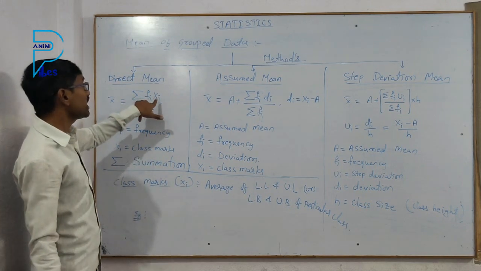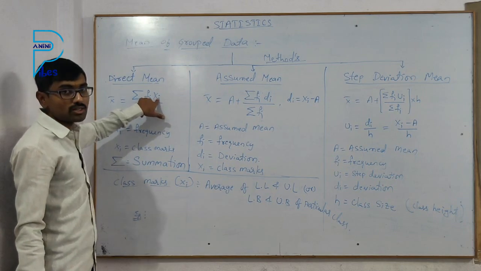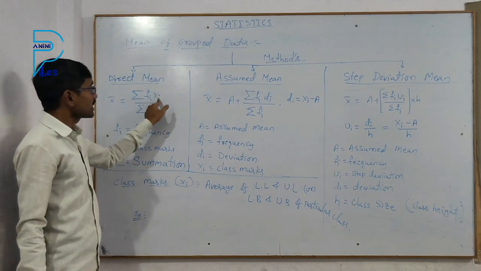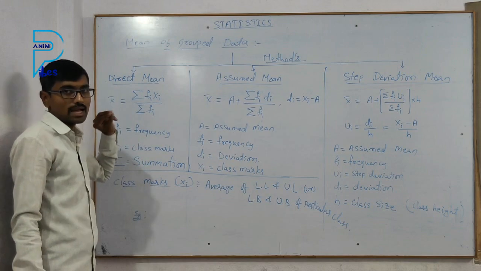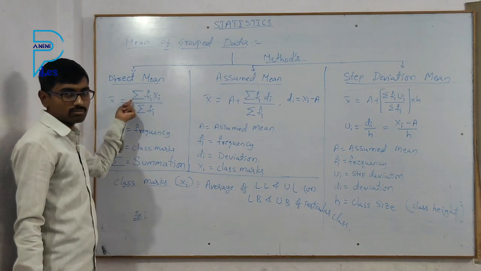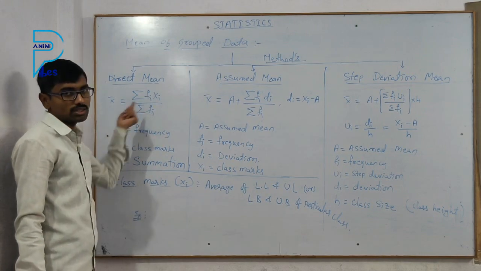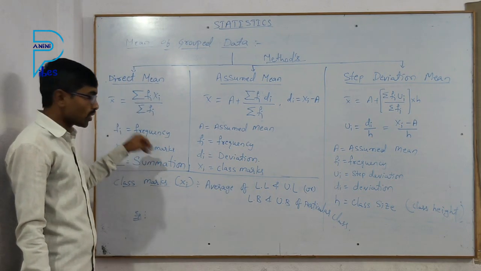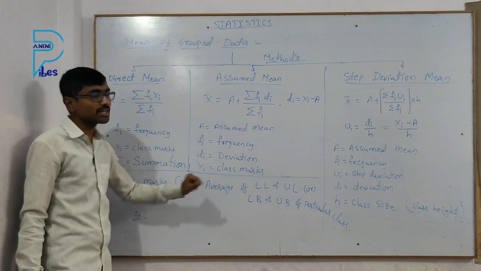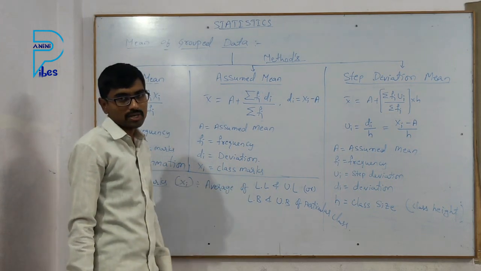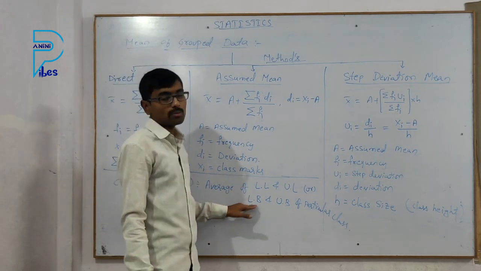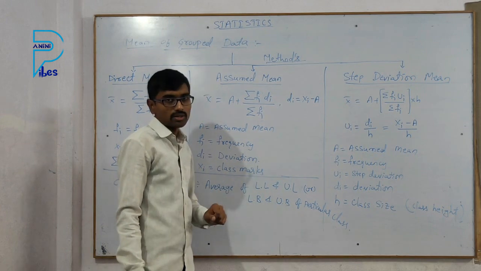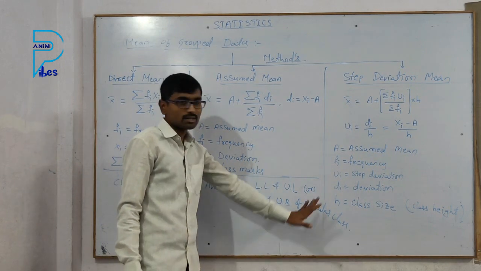It means first we have to find the product of frequency and class marks, and after that we have to add them. Here we have to add all the frequencies. Now what is xi? Xi is the class mark. What is class mark? Class mark is the average of lower limit and upper limit, or lower boundary and upper boundary, of a particular class.